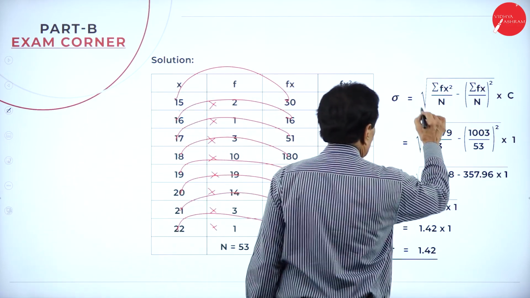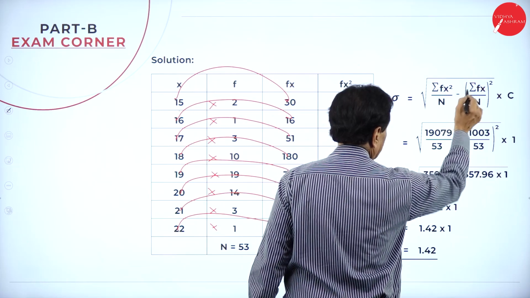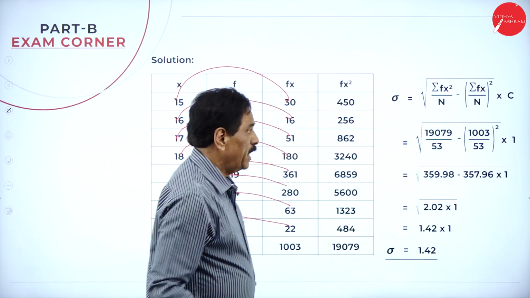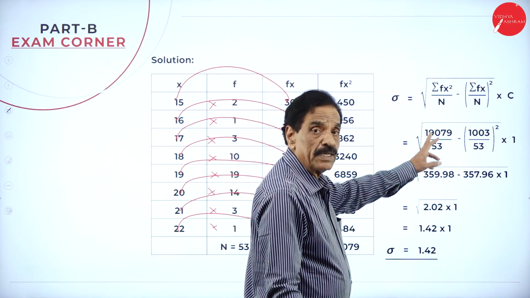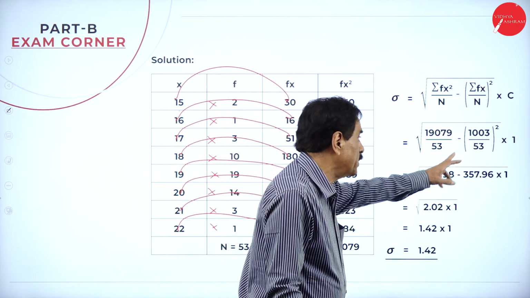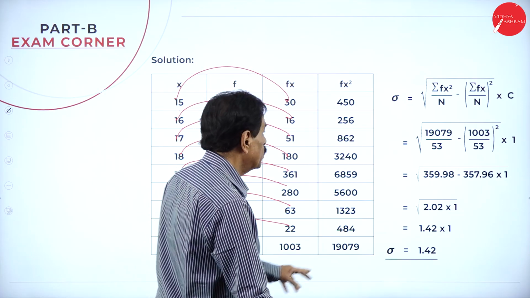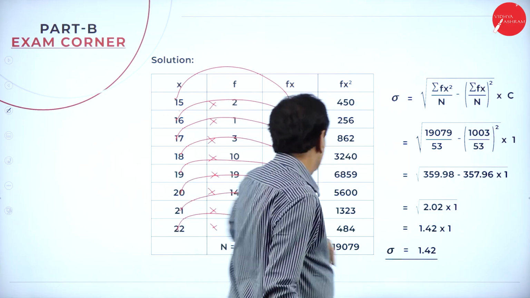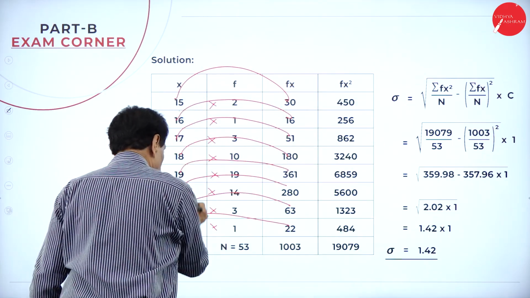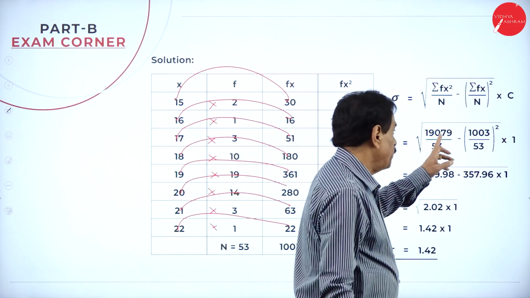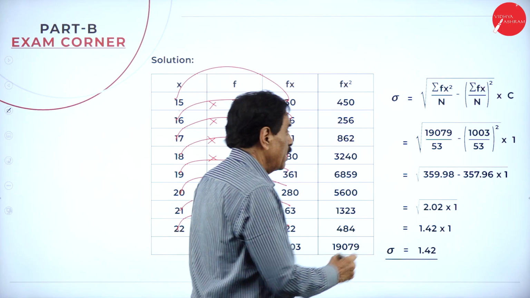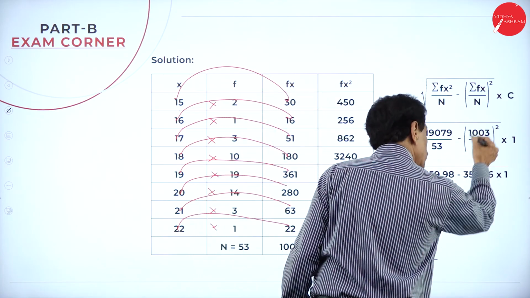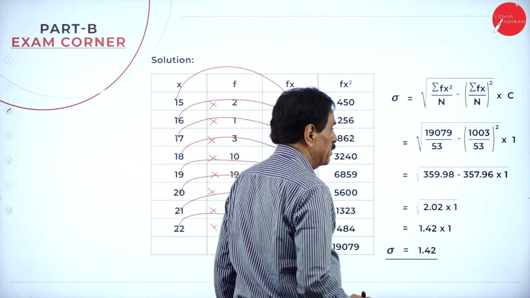Apply root of sigma fx square divided by n minus sigma fx divided by n whole square, into c. So sigma fx square is 19,079 divided by 53, minus 1,003 divided by 53 whole square. The class interval difference is 1. Dividing this gives 359.98, and the other, squared, is 357.91.